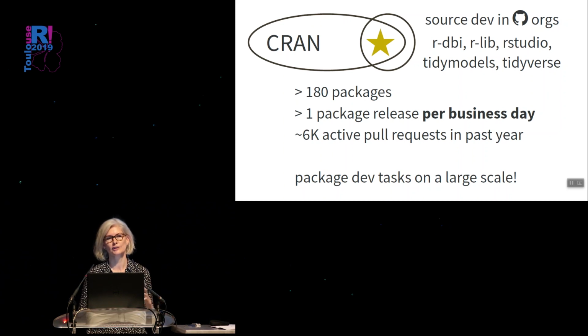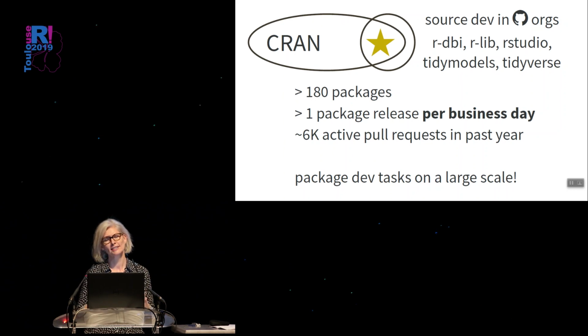So it gets the tidyverse group and the other people working on open source work at RStudio and some friends of ours. And that accounts for about 180 packages. And I looked at our activity over the past year, and on average, we release like 1.2 packages per business day.